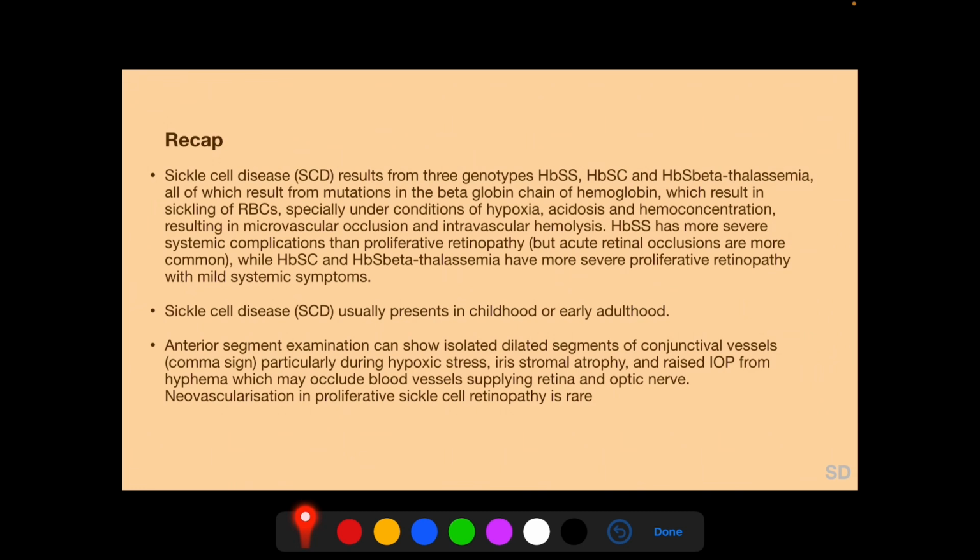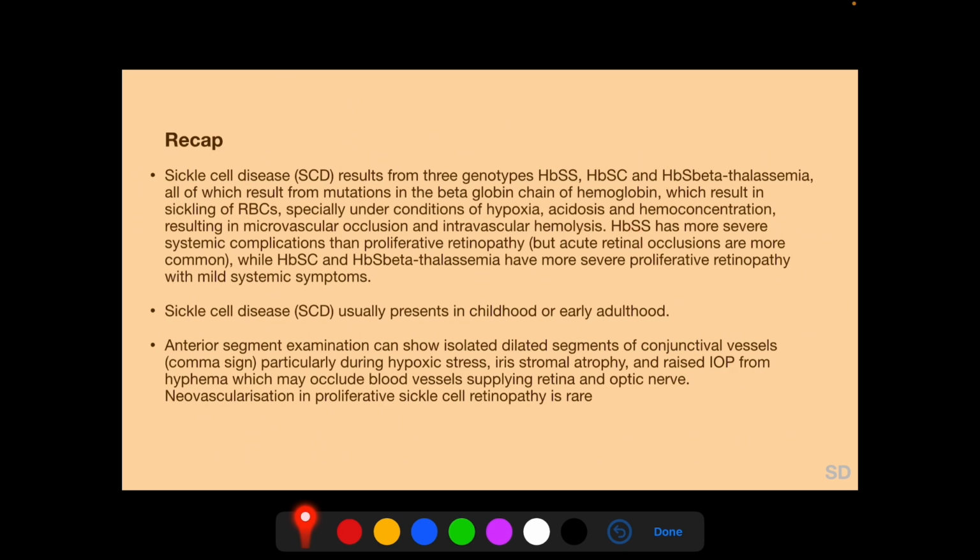To recap, sickle cell disease results from three genotypes: HbSS, HbSC, and HbS beta thalassemia, all of which result from mutations in the beta globin chain of hemoglobin, which result in sickling of red blood cells, especially under conditions of hypoxia, acidosis, and hemoconcentration, resulting in microvascular occlusion and intravascular hemolysis.